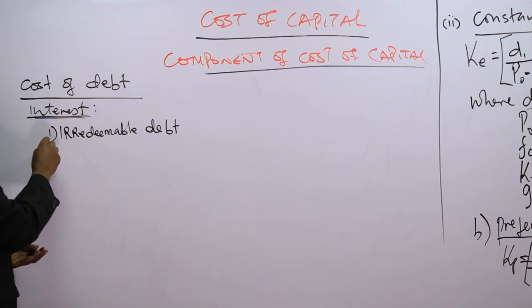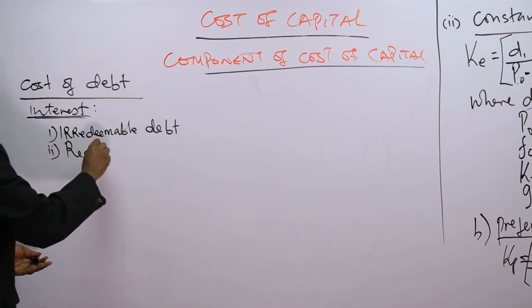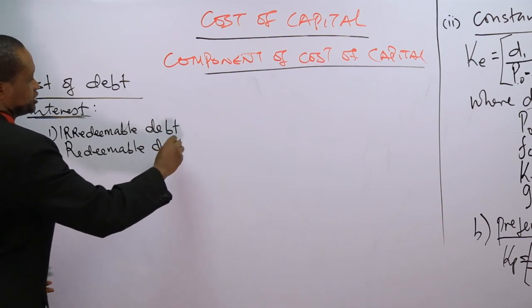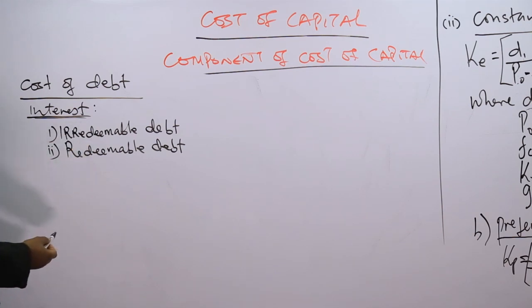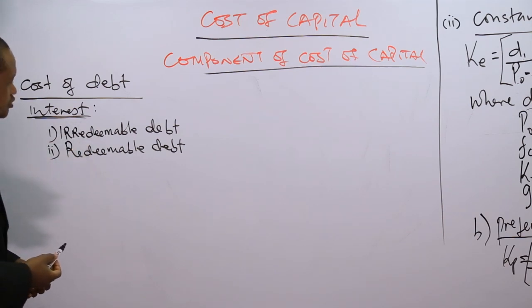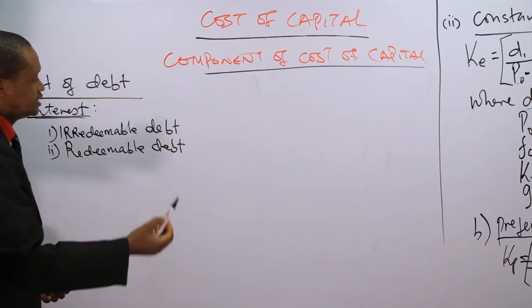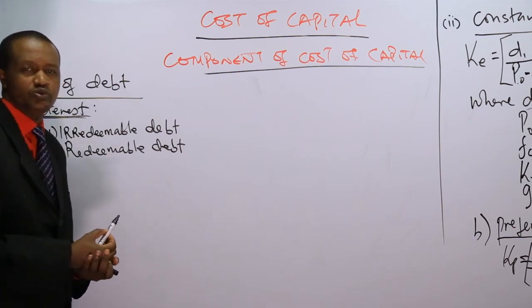Then number two, we have the redeemable debt or debentures. Now the irredeemable debentures are also known as perpetual debentures. These debentures remain in the business until liquidation.